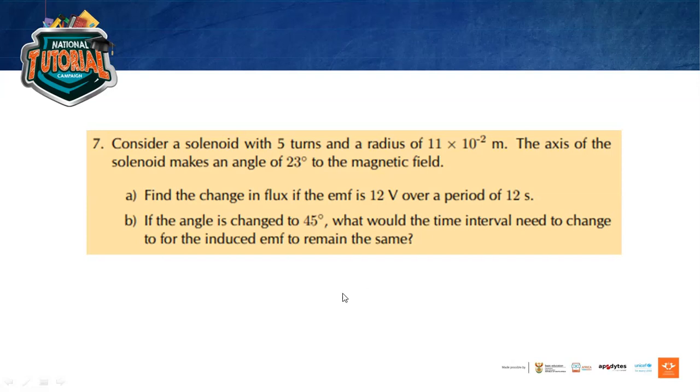You're just going to make the change in flux, Δ flux, the subject of the formula. You won't have to have 2 values in this case, because they want the change in flux as a whole. So you make the change in flux the subject of the formula, and from there you can put all these things in your equation and you will have your answer.